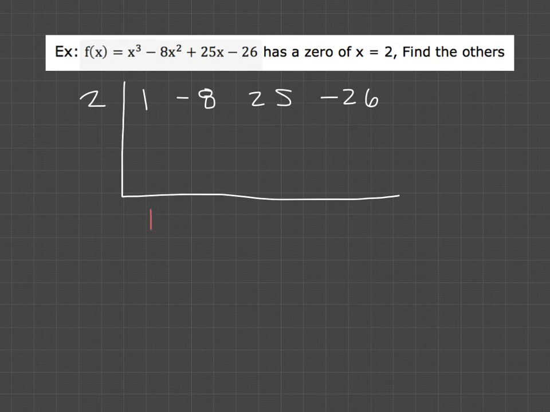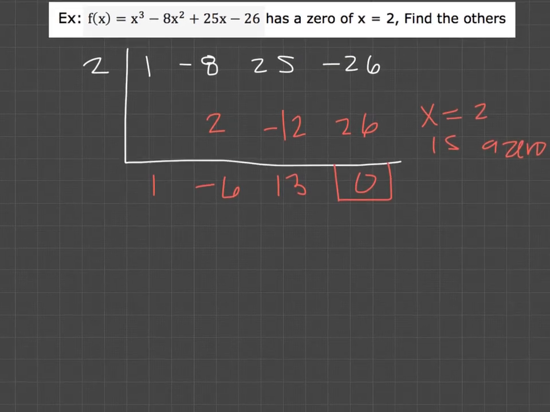So we'll bring down the 1, multiply by the 2, add down, multiply, add down, and then multiply, and we add down and get 0, which confirms that x equal to 2 is a 0.